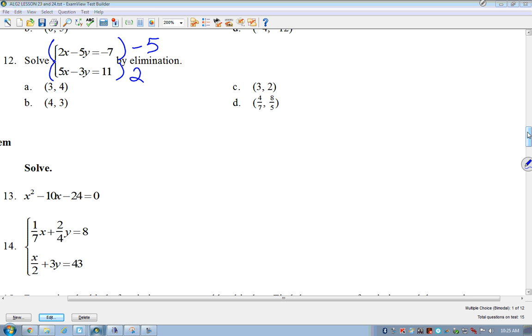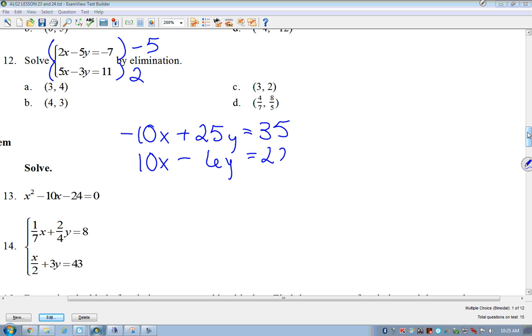All right, so tell me what I get whenever I multiply the top one by -5. -10x. Okay, plus 25y equals 35. Okay, let's do the other one. What do I get there when I multiply by 2? 10x. Okay, so now I'm going to add these together.